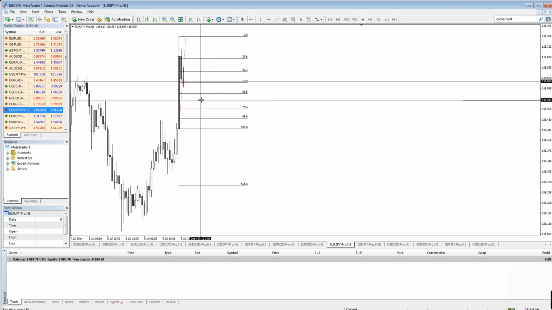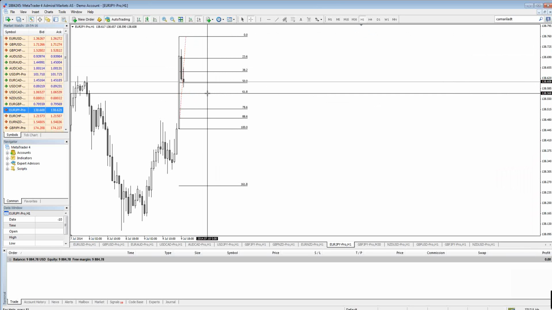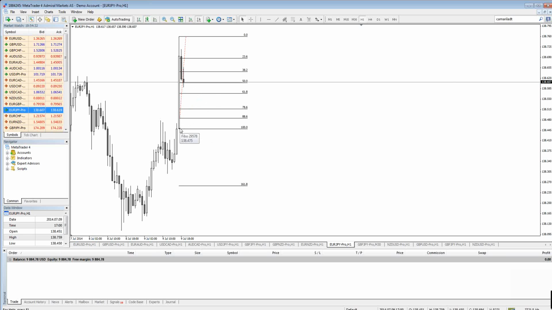I would have taken the trade probably around 78.6. If I take it there, I would use a third of my maximum risk, and my maximum risk for one entry is 0.5%, guys. So I would use 0.2% here, and I would add 0.3 for a total of 0.5% of that trade.